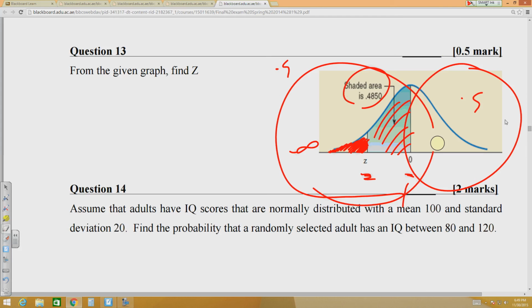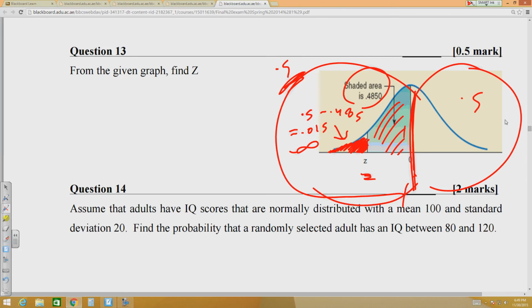This half, from the middle to the left side, has a total area of 0.5. So if the total is 0.5 and you know this piece is 0.485, then this part for sure is 0.5 minus 0.485, which is equal to 0.015.